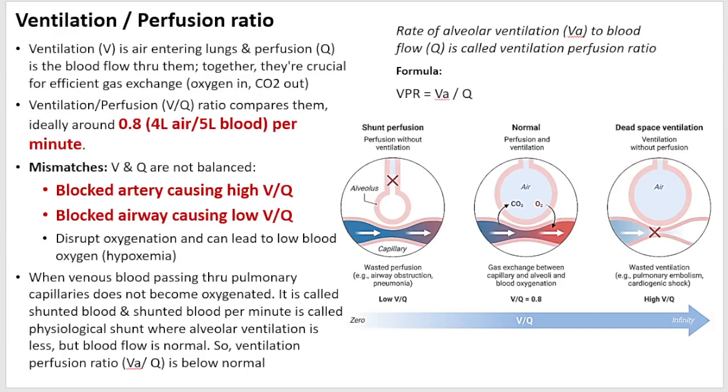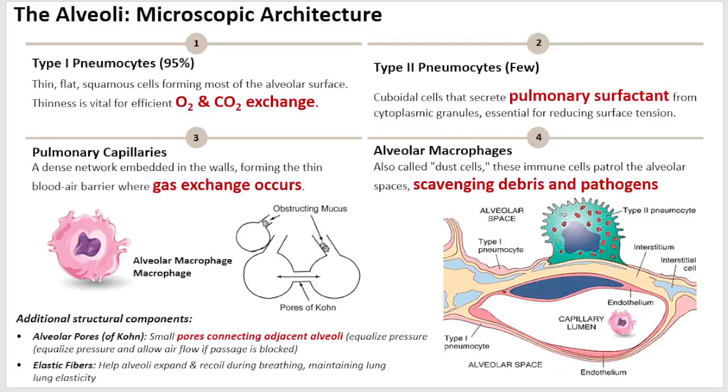The formula is simple, that is VQ is equal to VA over Q. VA is alveolar ventilation and Q is the blood flow. Understanding VQ mismatches is crucial in diagnosing and managing respiratory conditions, whether the problem is blocked airways or blocked vessels. Any imbalance disrupts oxygen delivery and compromises tissue functions.